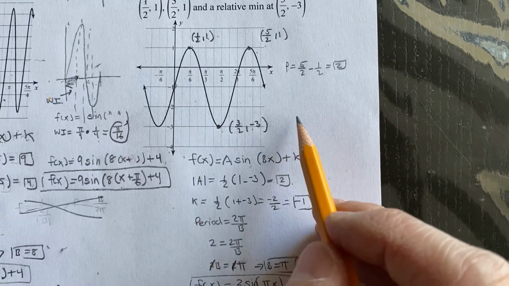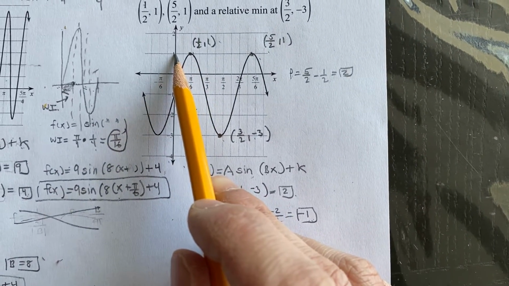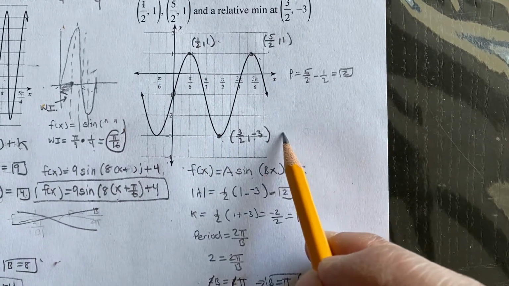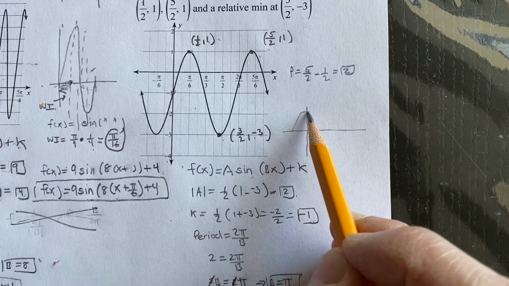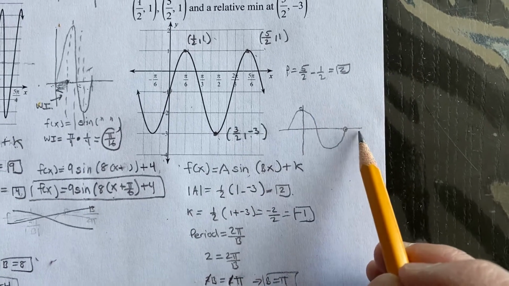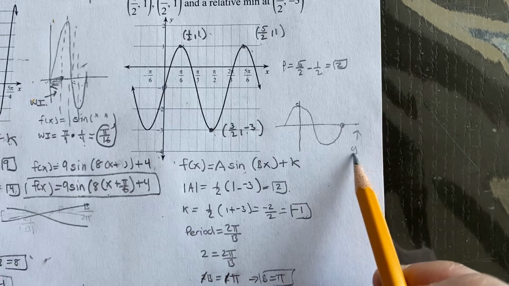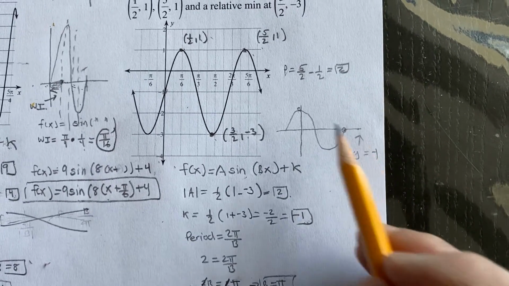If I were to write this in cosine, I think the cosine graph basically would have this graph shifted over this way. So let me just draw a rough sketch. It will look something like this. This would be the cosine graph. Again, this will be my midline, y is equal to -1.